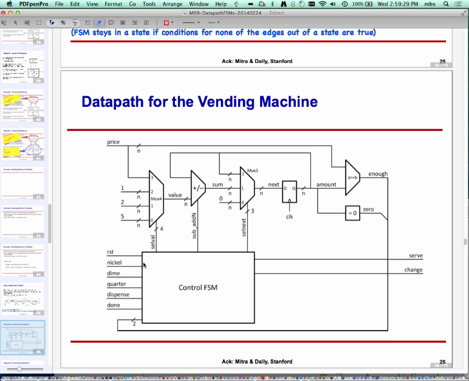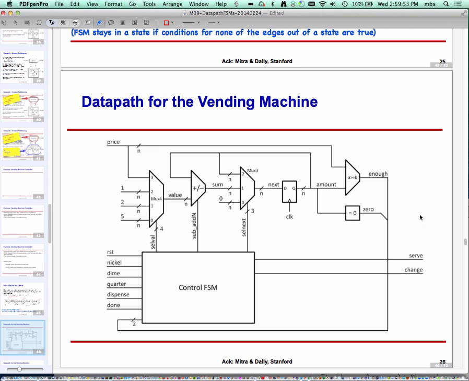This controller is going to get the reset signal. It is also going to get the signal saying whether a nickel, dime, or quarter has been deposited. So every time a coin is deposited, there's some sort of signal. There is a dispense, there is a done, and it is sending out signals called serve and change to the can mechanism and to the change return mechanism.